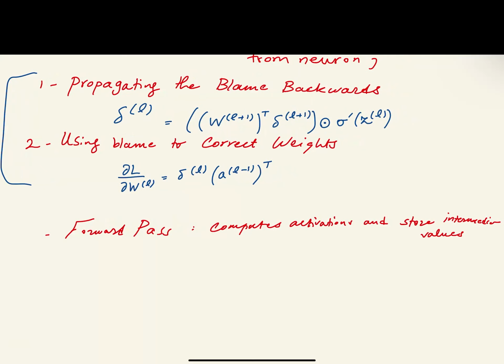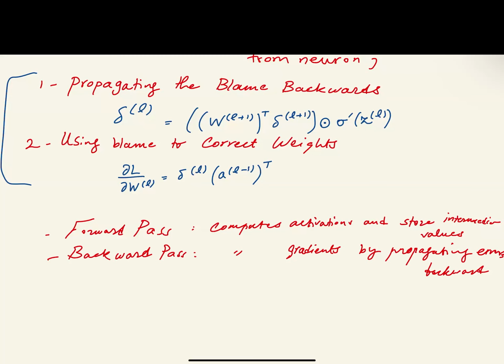There is a backward pass that computes gradients by propagating errors backward. That means it computes all the gradients in one backward pass, and it reuses the intermediate computation. And also, of course, it exploits the structure of neural networks.